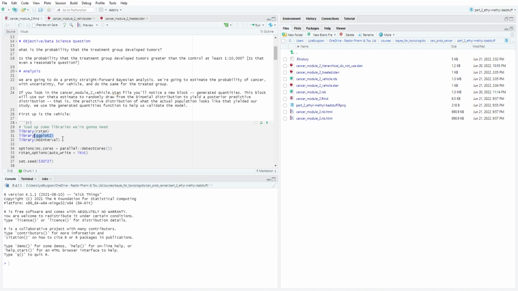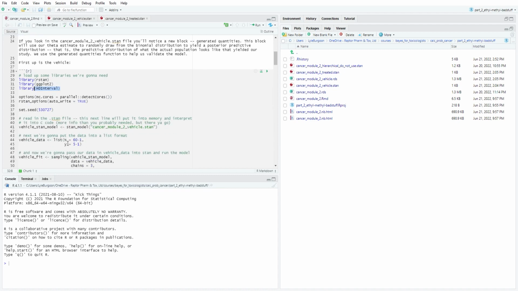And it does a great job. I mean, the graphics are beautiful coming out of it. And then HDInterval is the package or library that we use in order to calculate the 95% highest density interval. Okay, so that's what those libraries are for.